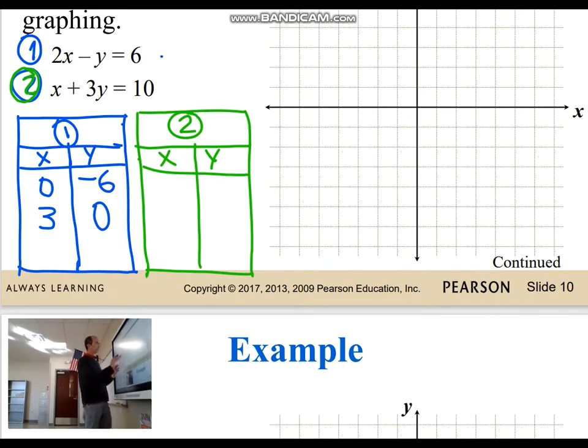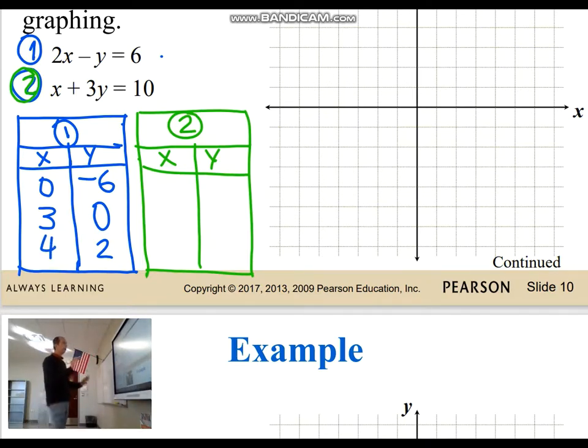Let's get another point here, just to have 3 points and be sure we have the right graph. Let's say we make y equals 2, and then x equals 4.